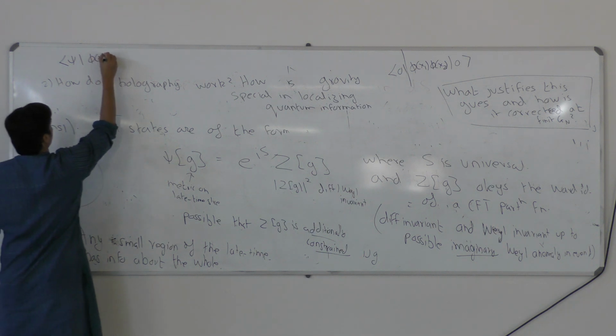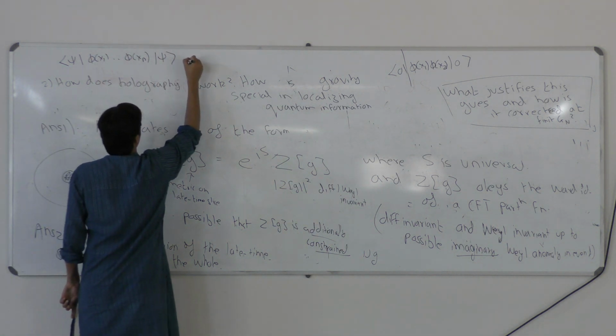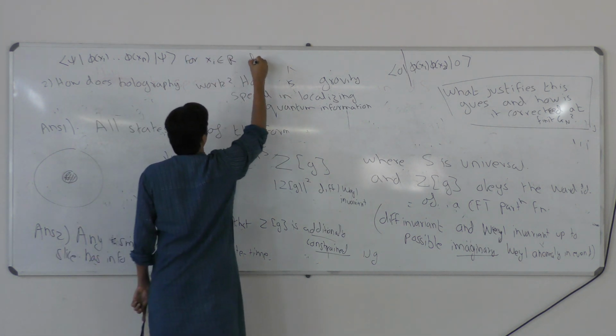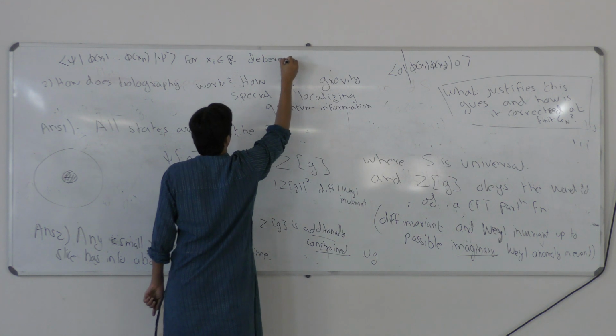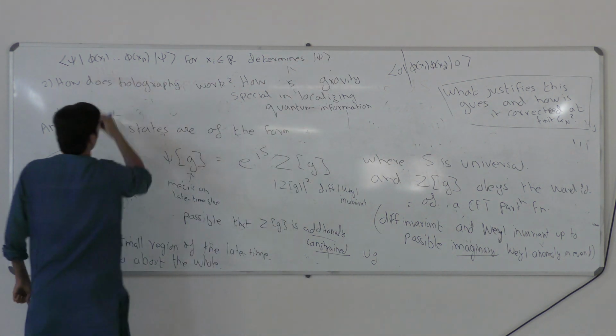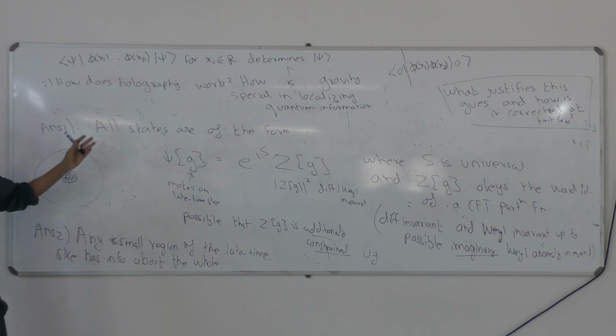Phi of x1, ..., xn, for xi in any region R, determine psi. I mean, for all xi in any region R, and for all possible insertions in any region R, I have to give you arbitrarily complicated correlation functions, and for all points in a given region, and if I give you that, then that is sufficient to determine what the state is.